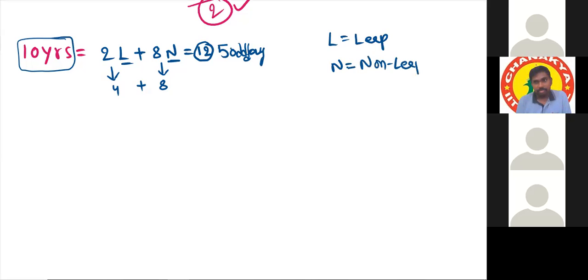After that, it is easy, because every leap year consists of 2 odd days, so we multiply that number by 2. Here 2 leap years, so 2 into 2. One normal year consists of 1, so 8 into 1.